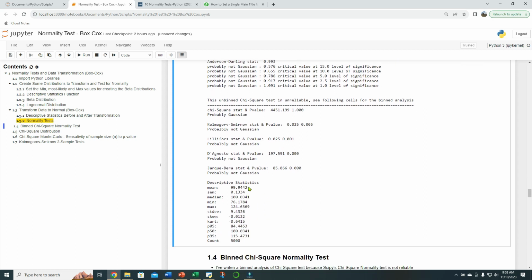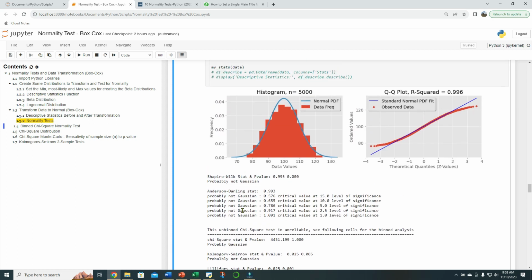The mean, the median, and the P50 are quite similar. It's very symmetrical. The kurtosis is a little bit on the small side. It's not really skewed. So in the strictest sense, it's not normal, but it looks normal. Depending on what your criteria is for the types of hypothesis tests that you're going to run, you may find this to be not adequate.